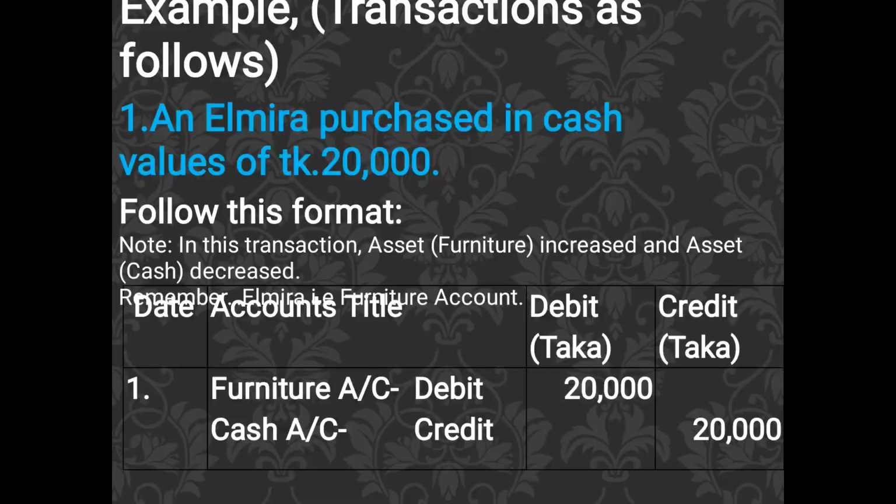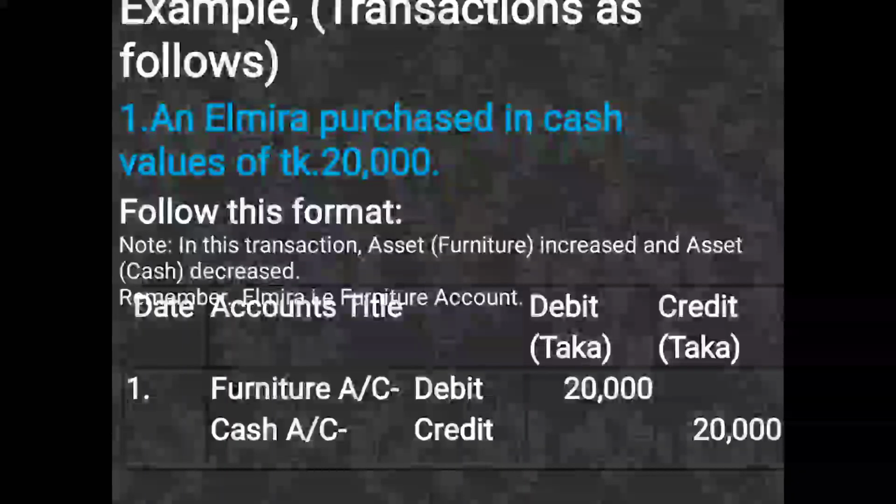Dear learners, now we can give a very important example for determining debit and credit. The 10 transactions are available for determining debit and credit. Number 1, an Almira purchased in cash, values of Taka 20,000.